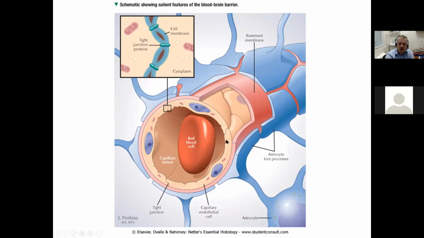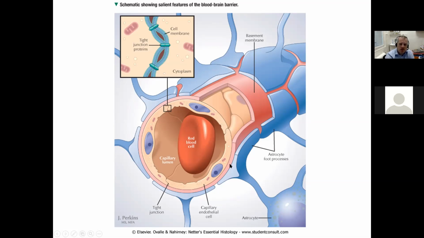So the cells actually decide which molecules will be transported through. The process is called transcytosis, because here there is pinocytosis of lipid droplets, and there is exocytosis on the other side, transcytosis.